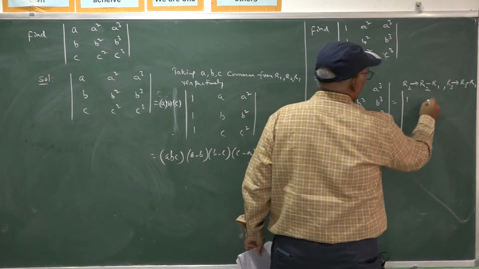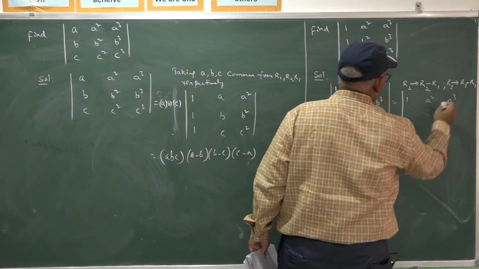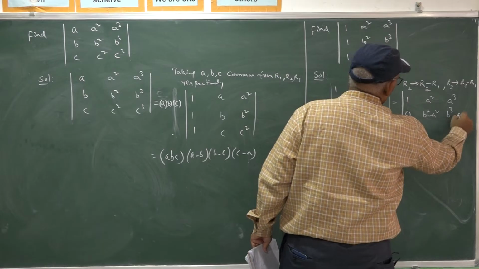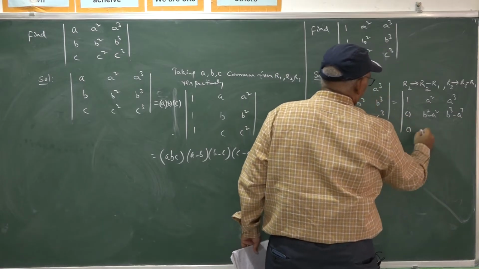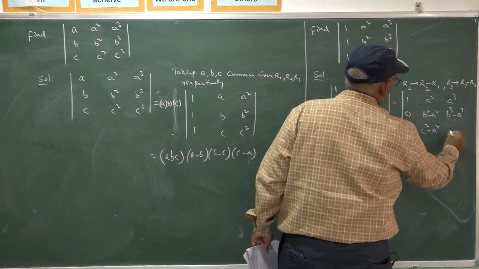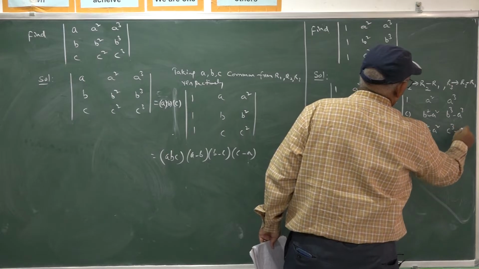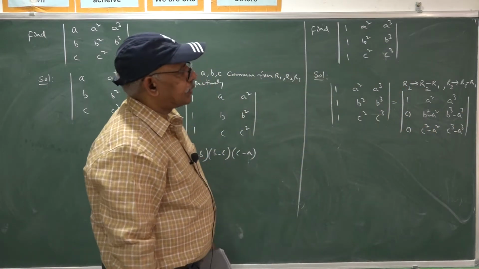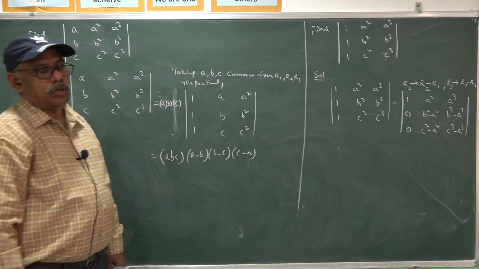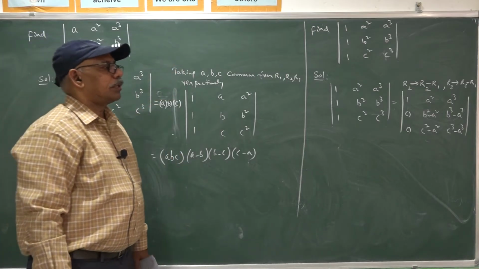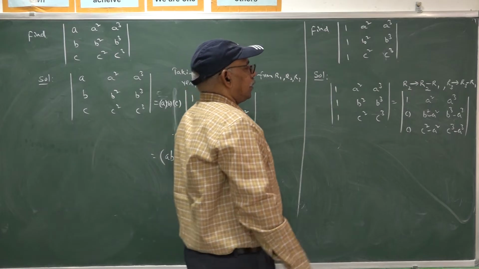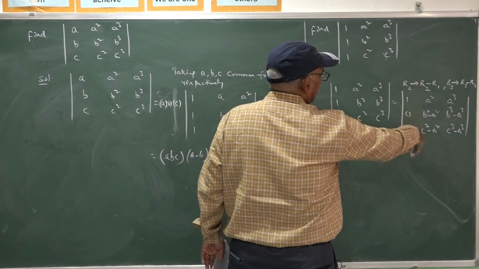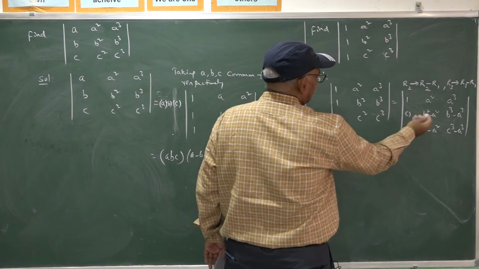This gives us 1 A square A cube, 0 B square minus A square, B cube minus A cube, 0 C square minus A square and C cube minus A cube. Once taking the transformations, R2 goes to R2 minus R1 and R3 goes to R3 minus R1, immediately these two positions become 0. So in this column 2 elements are zeros.